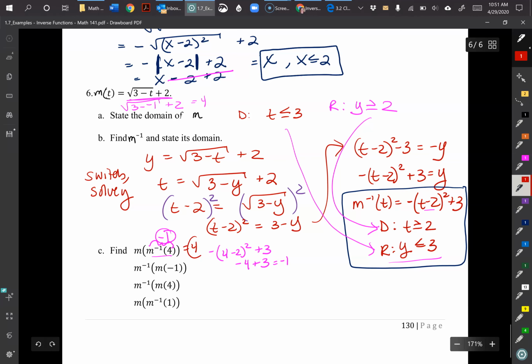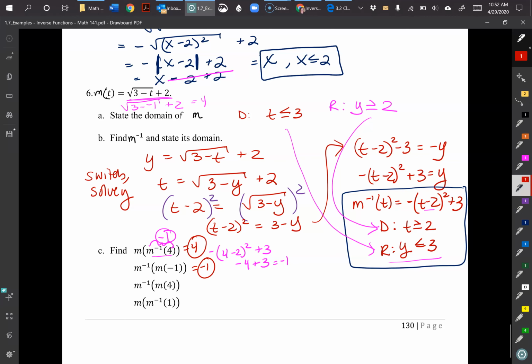So that works really well. If I have a negative 1 in here, what do you think it's going to be? Is that going to work for m inverse of m of negative 1? I should get negative 1. So you could check that. You do, in fact, get negative 1, and that one works.